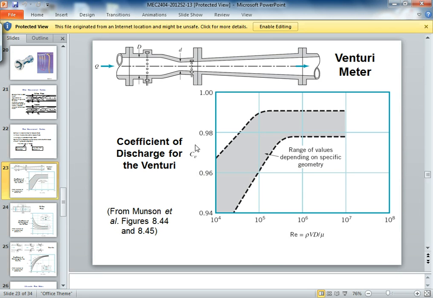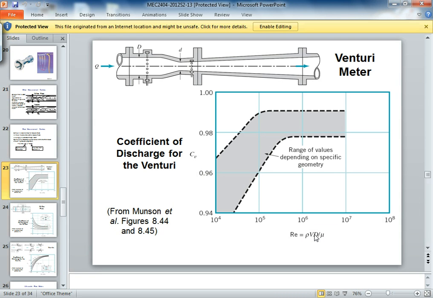This is the discharge coefficient as a function of Reynolds number. We'll do more about Reynolds number in the next chapter. But for now, Reynolds number is just a dimensionless parameter: density times the velocity and diameter over mu. Mu is the fluid dynamic viscosity. V is the velocity in the main pipe, not in the hole, in the main pipe.